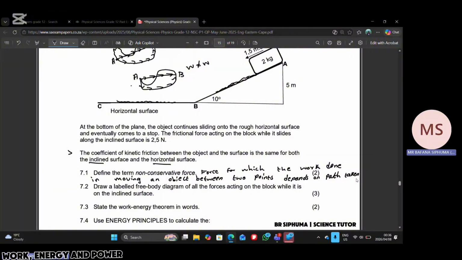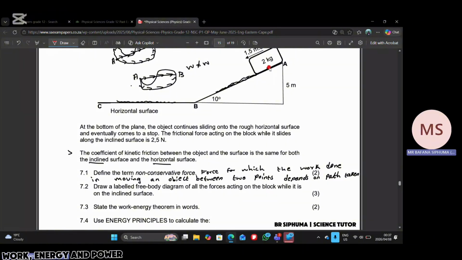And then 7.2 says draw a labeled free body diagram for all forces acting on the block while it is on the inclined surface. So we need to draw the free body diagram for this one, right? And then what I mostly advise is to draw a diagram of the incline itself. That helps you to know the direction of the normal force and the direction of the weight.